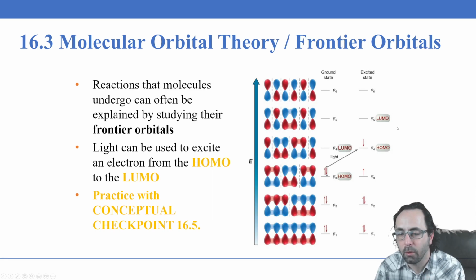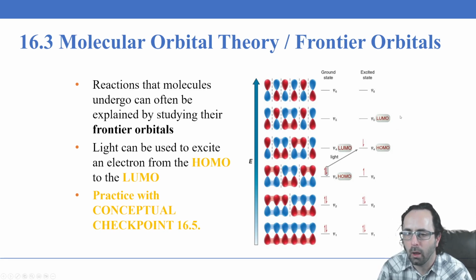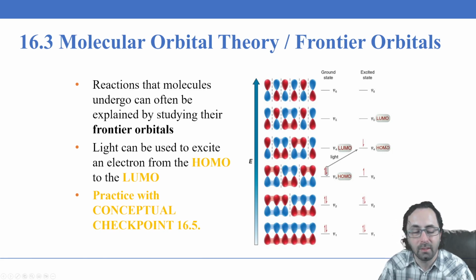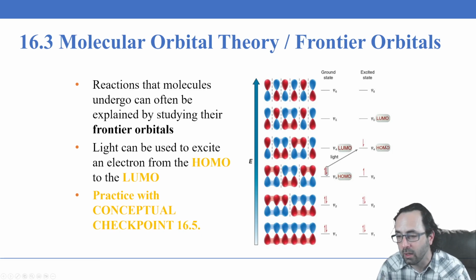And so this is how we get organic dyes like the Tyrian purple that I showed you at the beginning: if we have extended pi conjugated systems, the gap in energy between the HOMO and the LUMO starts to get out of the UV range and into the visible range.